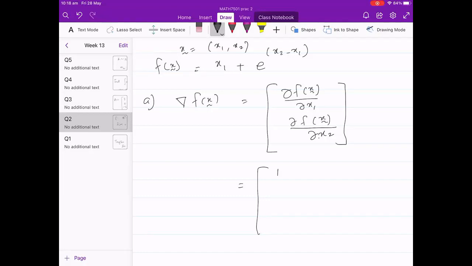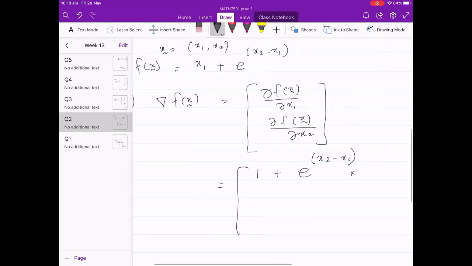Yeah, that is 1 plus the derivative of e to the power of something, which is e to the power x2 minus x1 multiplied by the derivative of the exponent, which is -1 with respect to x1. And the second component, with respect to x2, the first term is 0, so it's e to the power x2 minus x1 multiplied by +1 this time.